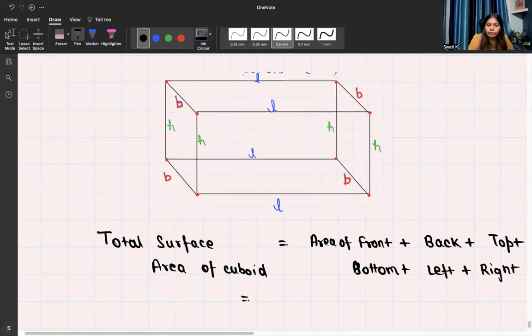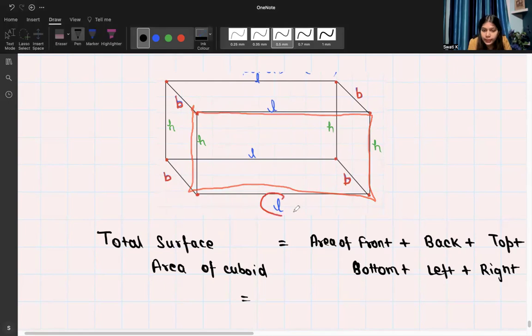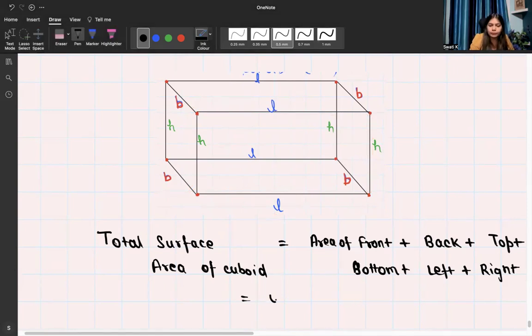Now, what is the area of the front part? If I just again use the vanishing pen here, I'm talking about this rectangle. So what is the area of this rectangle? The area of a rectangle formula is length into breadth. But here the length is L, and the breadth is the letter H. So it is going to be L into H. That's the area of the front.